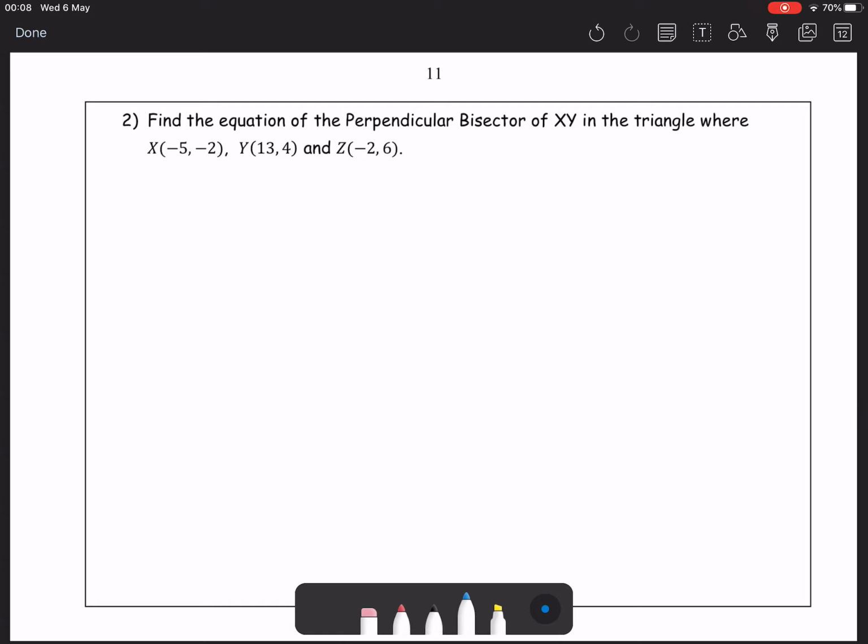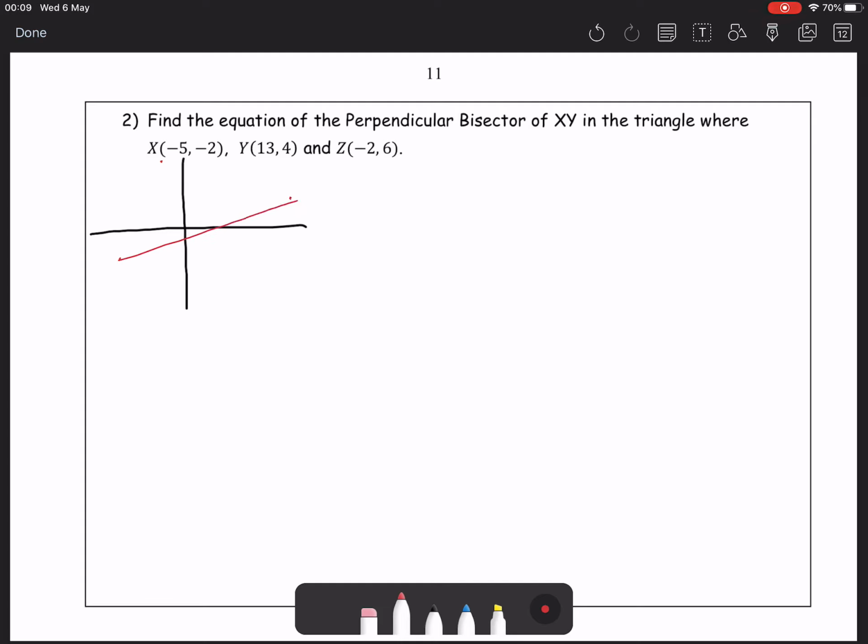Example 2, this time within a triangle. If we do a very quick sketch, just to give us a wee hint. -5, -2, 13, 4, -2, 6.